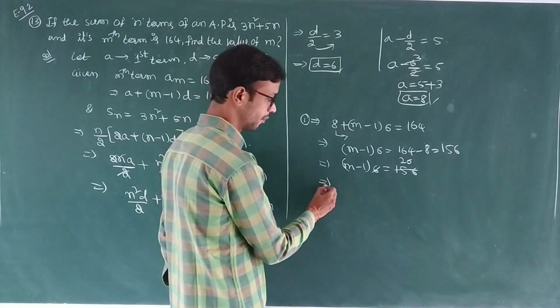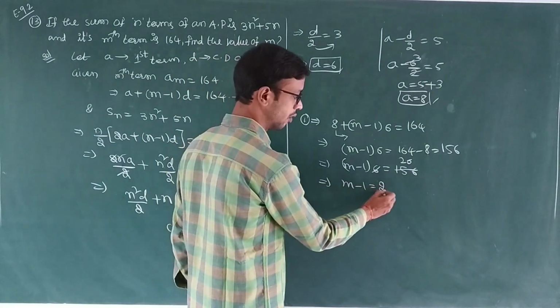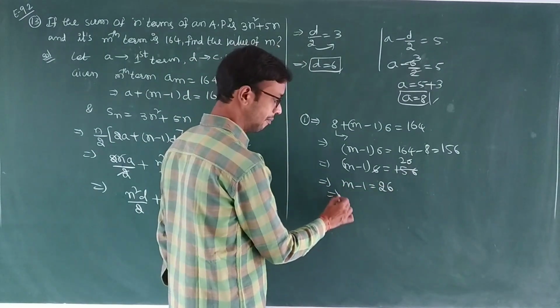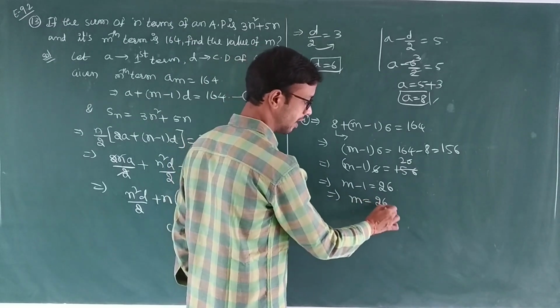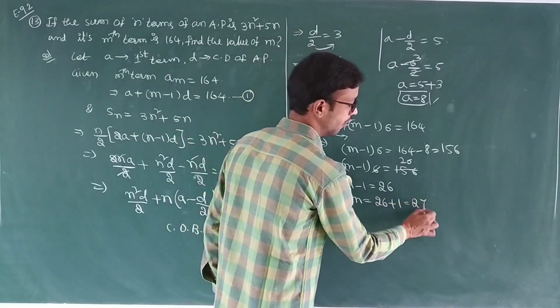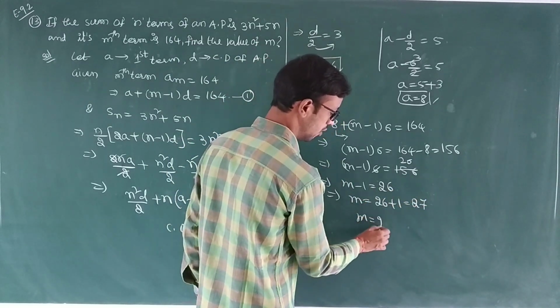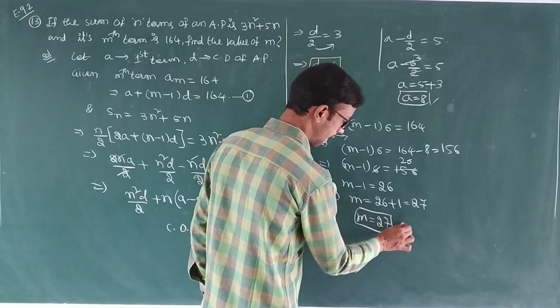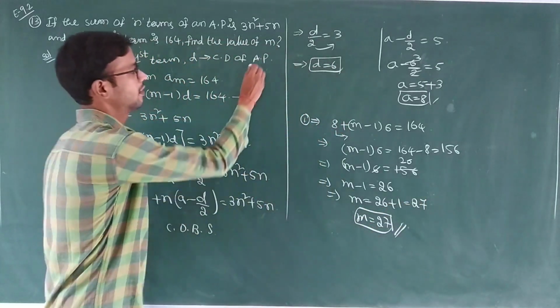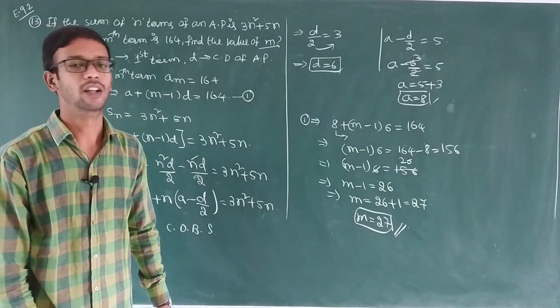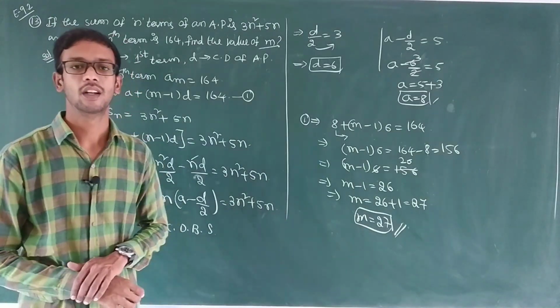So now m − 1 is equal to 26. m is equal to 26 plus 1, that is 27. m value is 27. What is asking? Find the m value. So m value is 27.